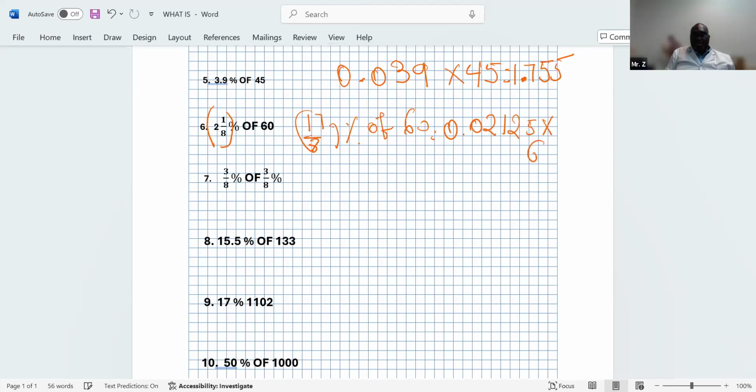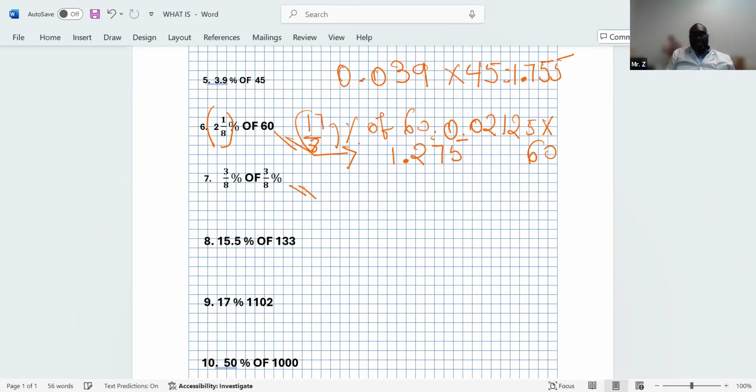Multiply that by 60, and the answer for number 6 is 1.275.